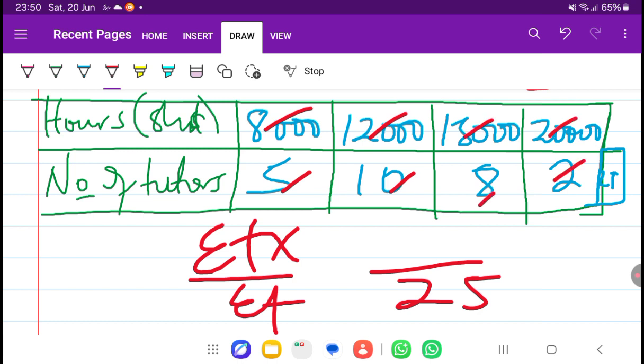The sum you get, you divide it by 25, and that will be the average rate in shillings that, on average, we are paying each tutor. So I just don't want to rush myself on computations, but I want you to get where the things are actually coming from.